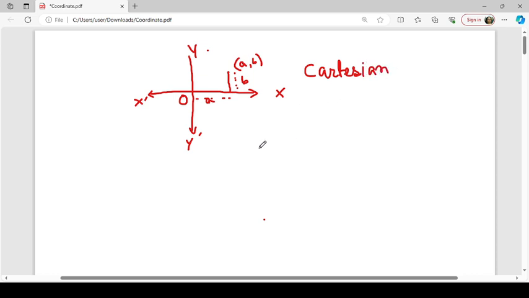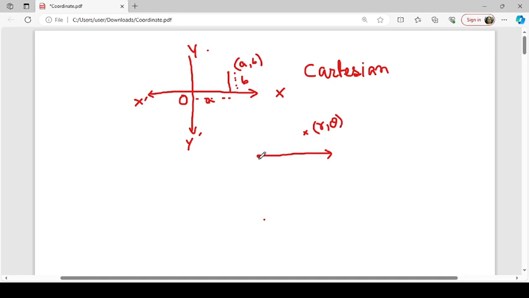Another system is there. It is the polar system. Here we need one ray starting from a point. This we say initial line, and this is a pole. So any point here, its coordinate we say is (r, theta).